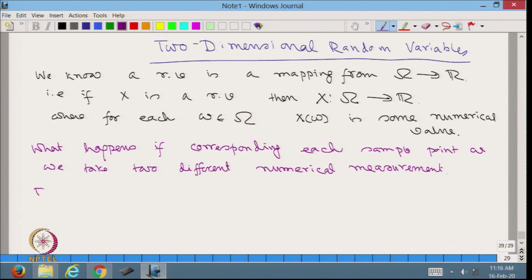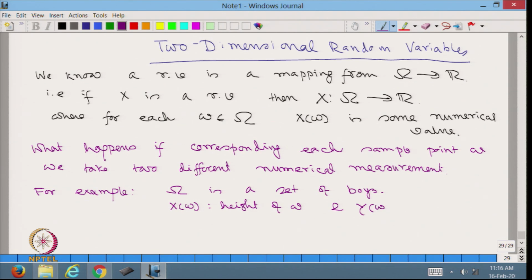For example, omega is a set of boys and x omega is height of omega and y of omega is equal to weight of omega.